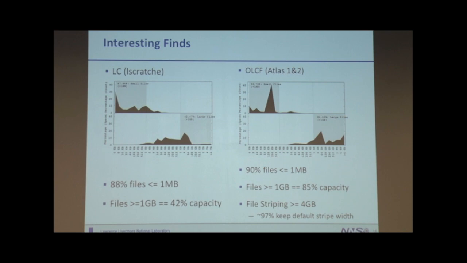At OLCF, on their Atlas file systems, it's even more disparate. They've got 90% of their files less than or equal to a meg, and 85% of their capacity is taken up by these larger files.